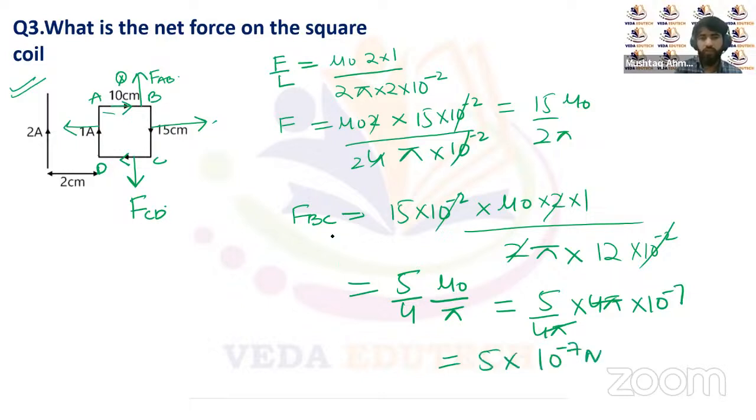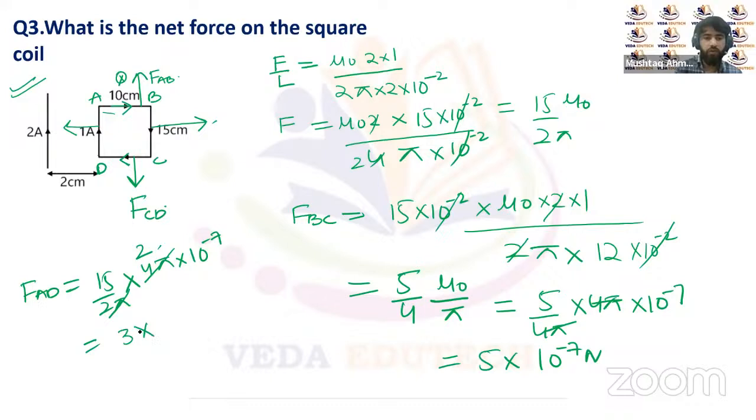So this is the force on the BC part. The force on AD was 15 upon 2 pi multiplied by mu naught, which has the value 4 pi into 10 to the power minus 7. This and this will get cancelled, leaving 2, so it will be 30. So we can write it as 30 into 10 to the power minus 7 newtons, right?